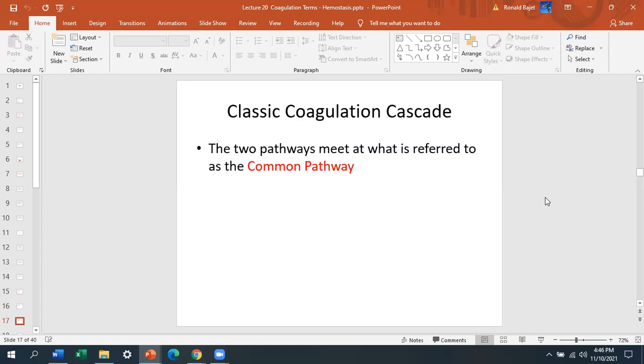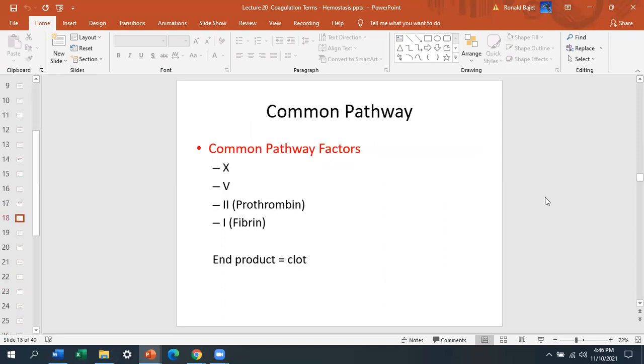The two pathways meet at what is referred to as the common pathway. So you have the intrinsic pathway and the extrinsic pathway, and they meet at the common pathway. The common pathway factors are 10, 5, 2, and 1, fibrinogen and prothrombin.